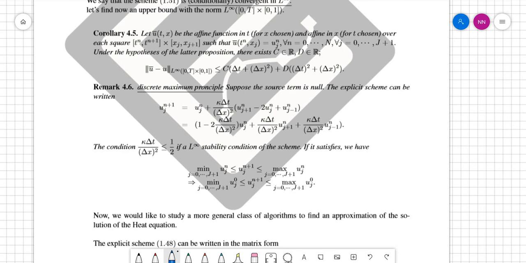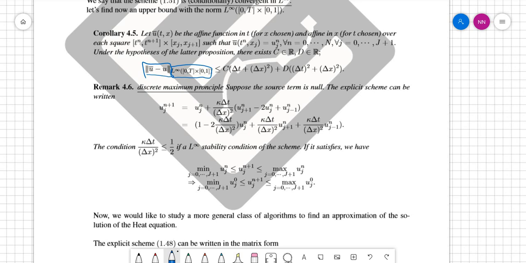Let me finish this video with these two results. If we now calculate the error u bar minus u in the norm L infinity of (0,T) times (0,1), it means that instead of calculating the error between u_j^n and u(t_n, x_j) at a given time step, we calculate the global error on the whole mesh between the approximated points and the exact points.